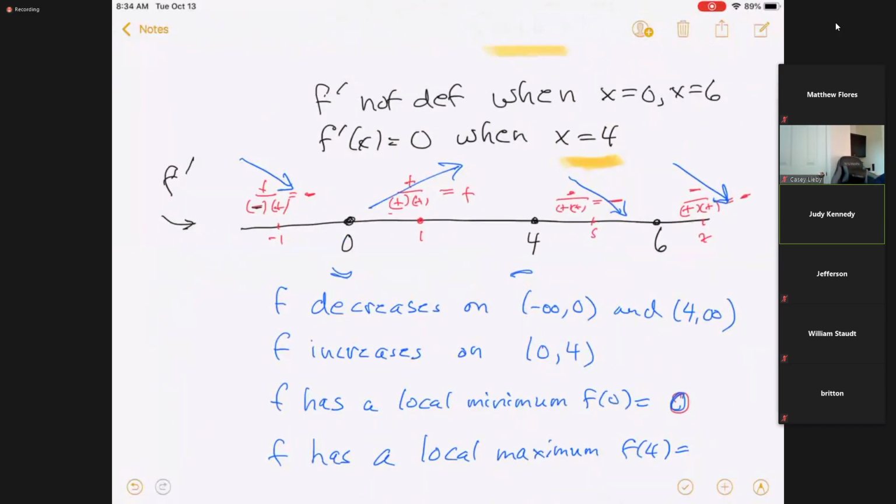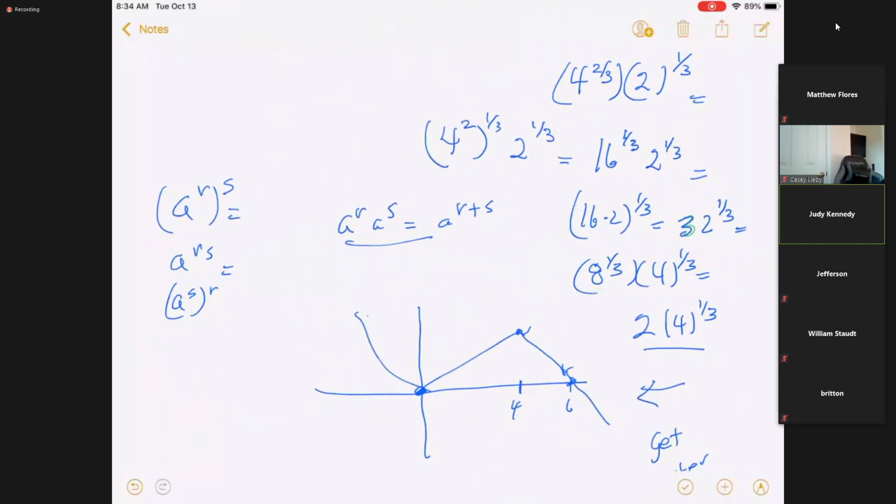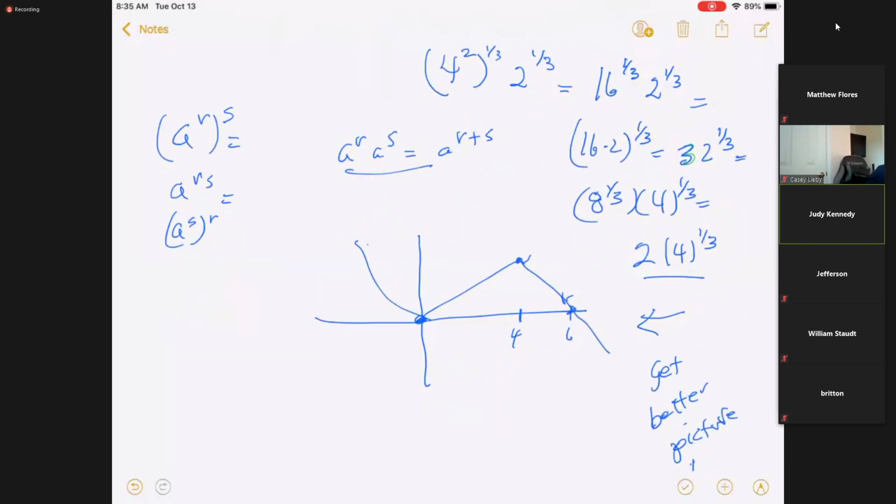We're going to get a refinement of that with the second derivative. But basically, we know now that the graph is going to come down through 0 and then go up, hit a max at f of 4, and then come back down forever.